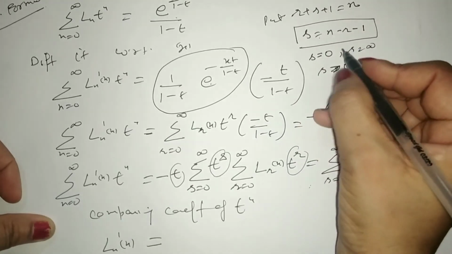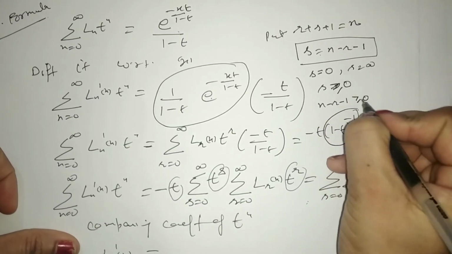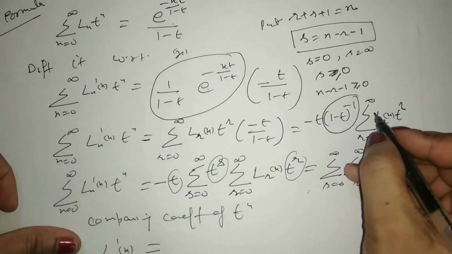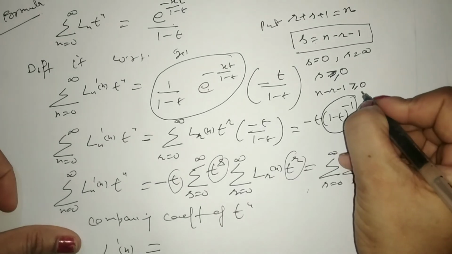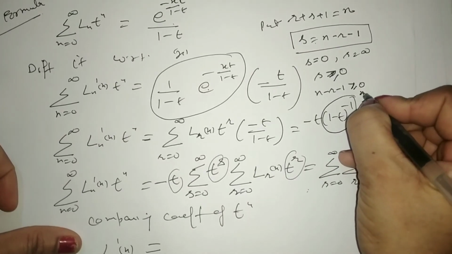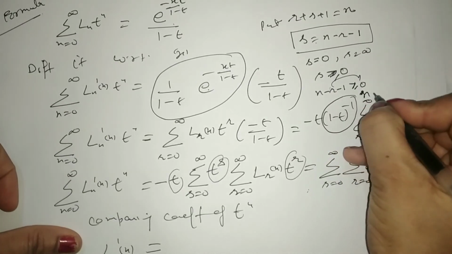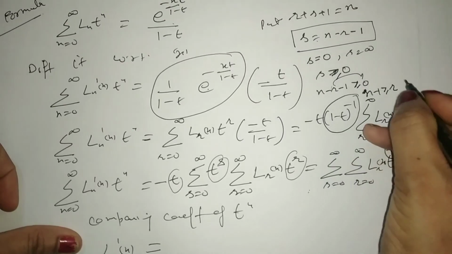That means this term n minus r minus 1 must be greater than or equal to 0. So it will give us the value of r. We shift r to the other side: n minus 1 is greater than or equal to r.